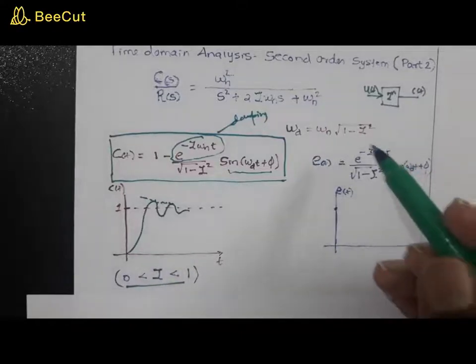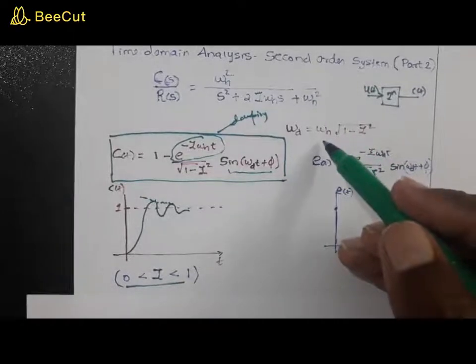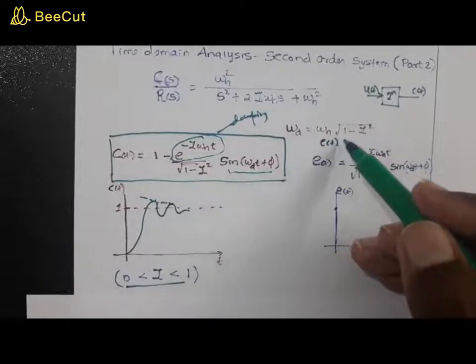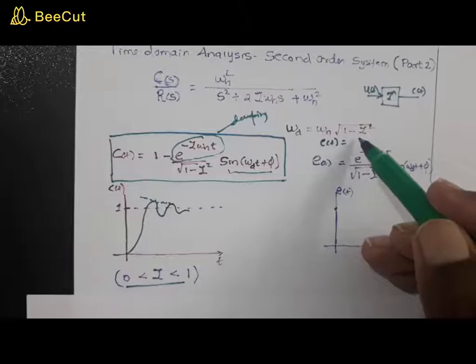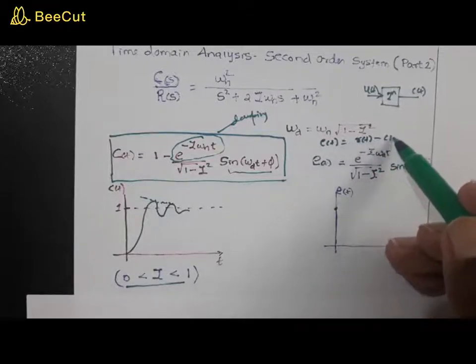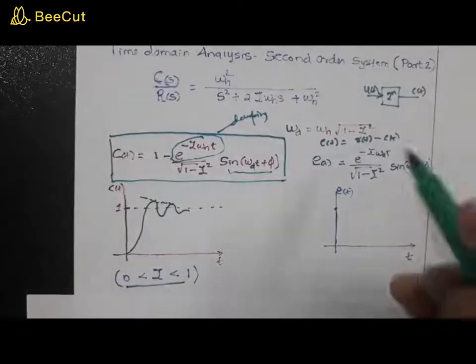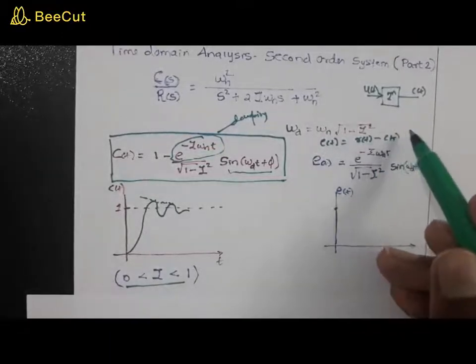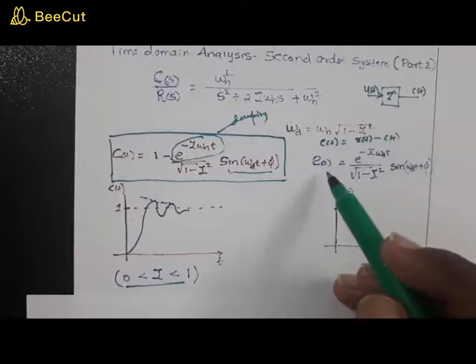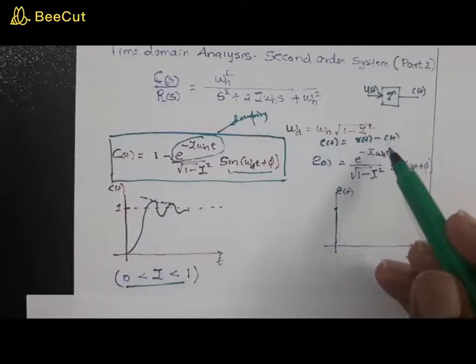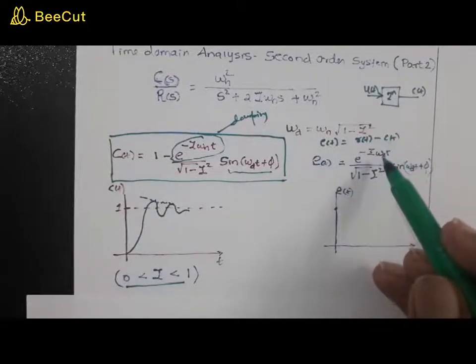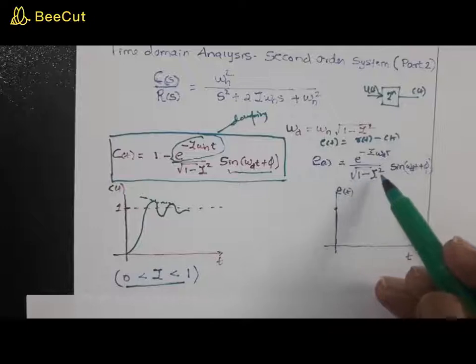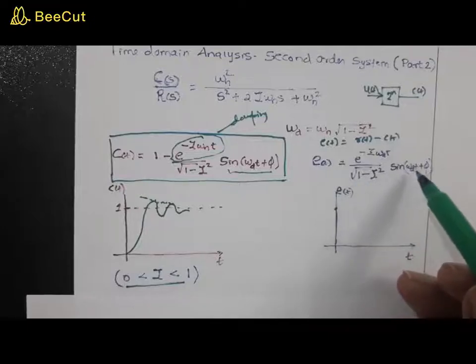Now coming to the error, we have seen that the error e of t is given by r of t minus c of t, that is the input minus the output response, and we found e of t to be e raised to minus zeta omega n t divided by root of 1 minus zeta square into sine of omega d t plus phi.